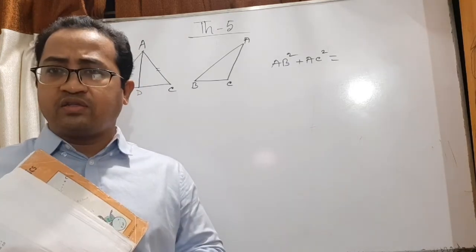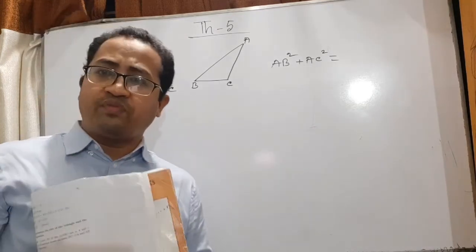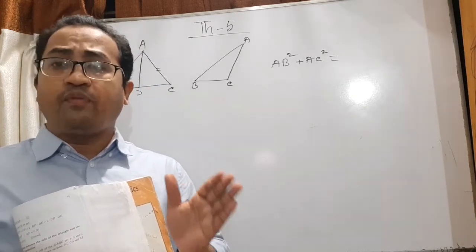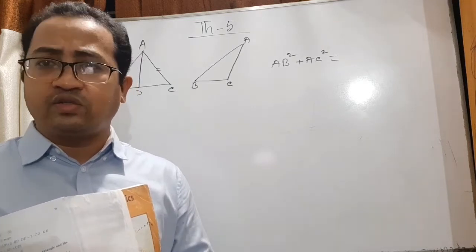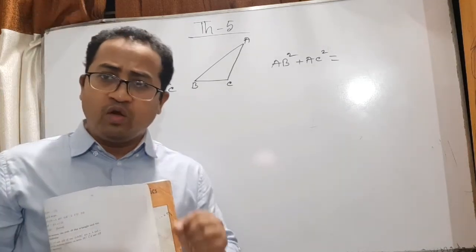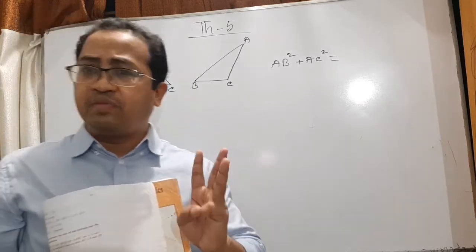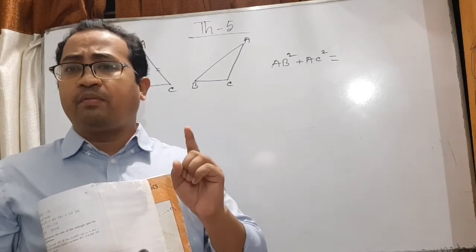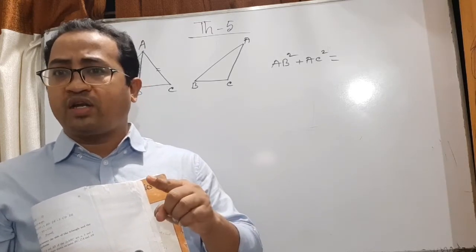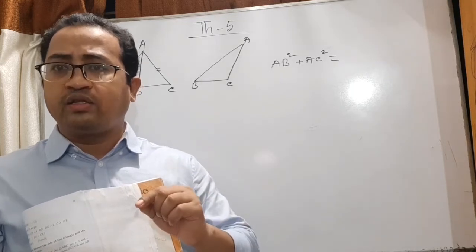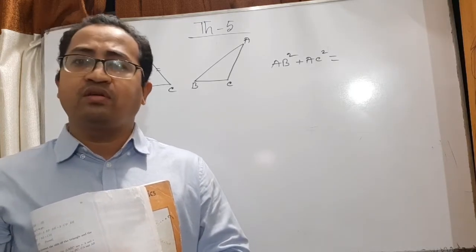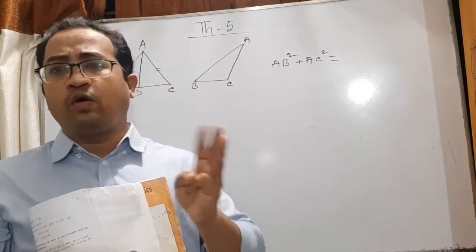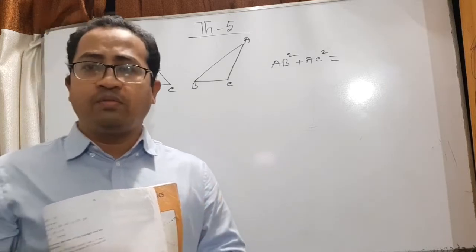From any vertex to the opposite side of that vertex, if you bisect the opposite side, then this line is called a median. A triangle has three vertices and every vertex has its opposite side. If you join the vertex and the midpoint of the opposite side, it will be the median of that triangle. So one triangle has three medians.